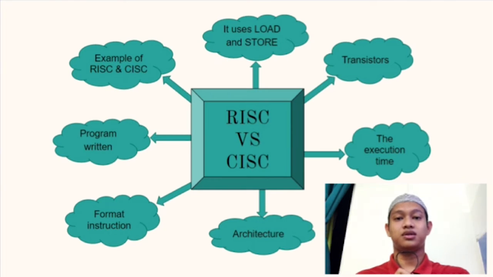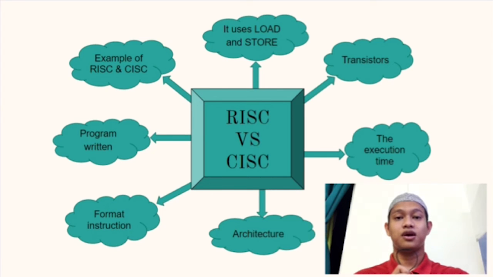Then RISC has more transistors on memory registers, and CISC has transistors to store complex instructions. Furthermore, the execution time of RISC is very short, and the execution time of CISC is longer.